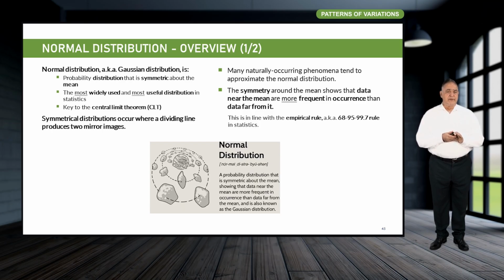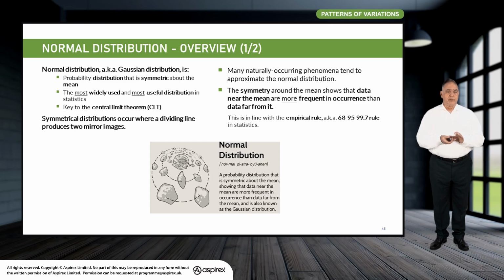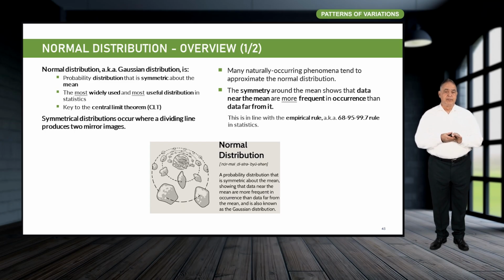Many naturally occurring phenomena tend to follow the normal distribution. So the symmetry around the mean shows that the data near the mean are more frequent in terms of occurrence than data that are far from it.